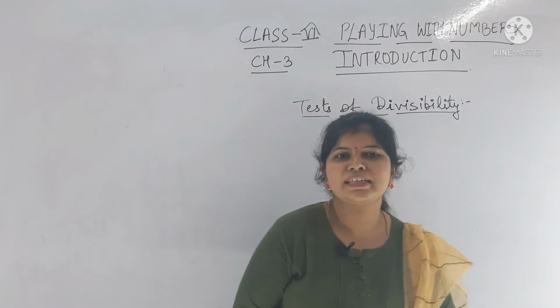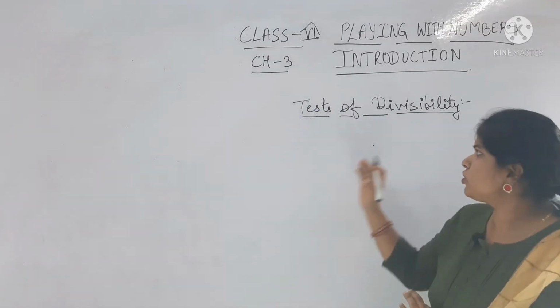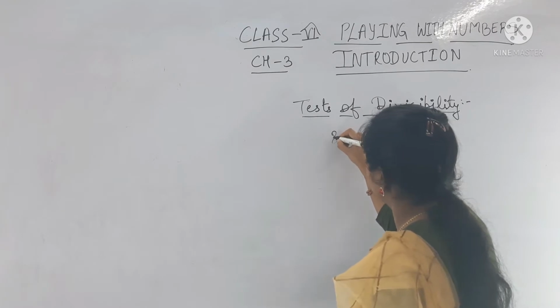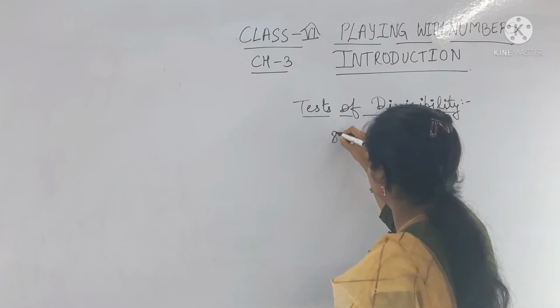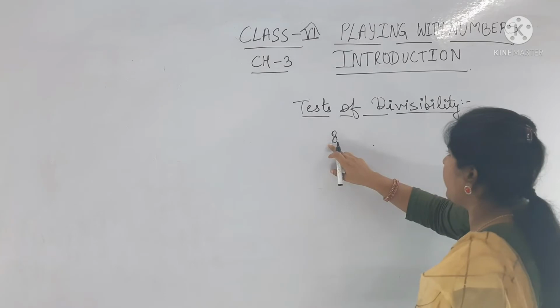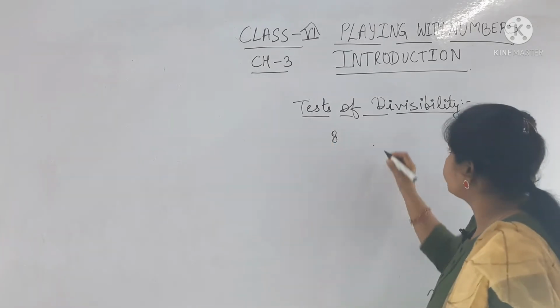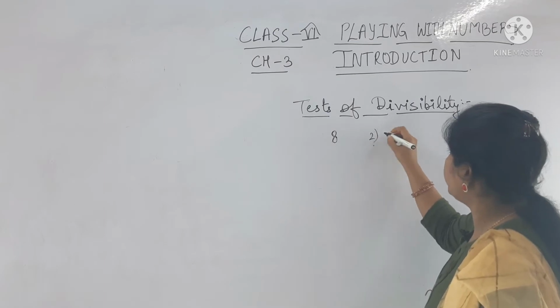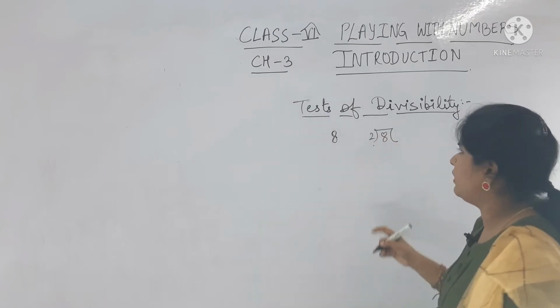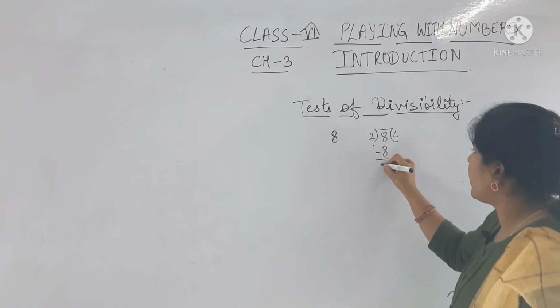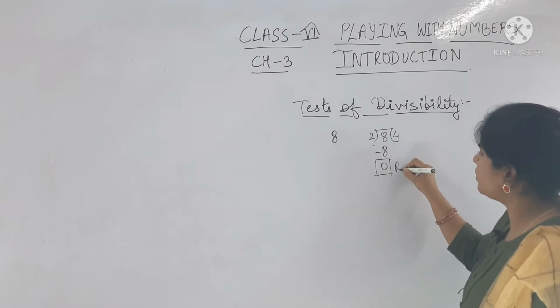Now let's come to the next topic, that is test of divisibility. Okay, if it is 8, how will you test the divisibility? If we test divisibility by 2, I will divide it by 2, 2 4s are 8, okay, and it comes to 0, means remainder is 0.